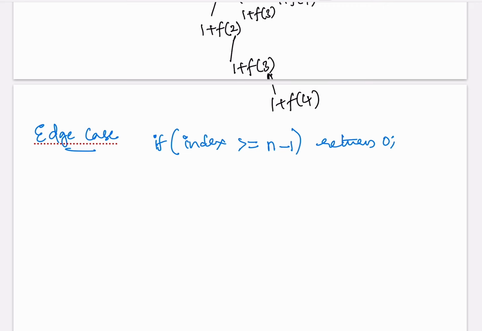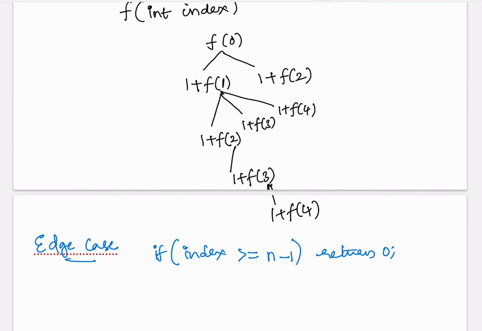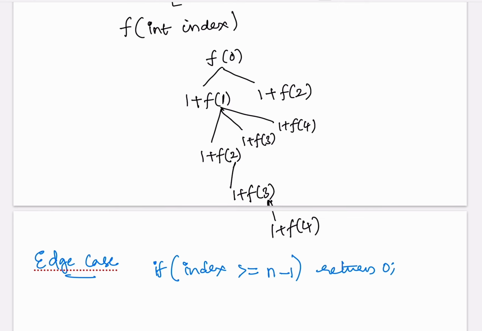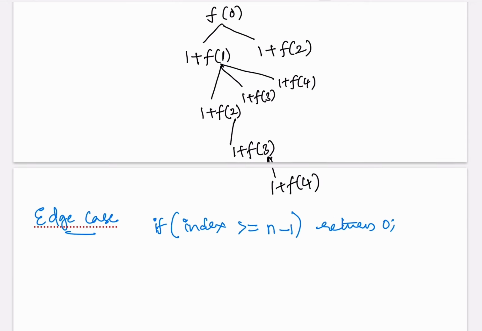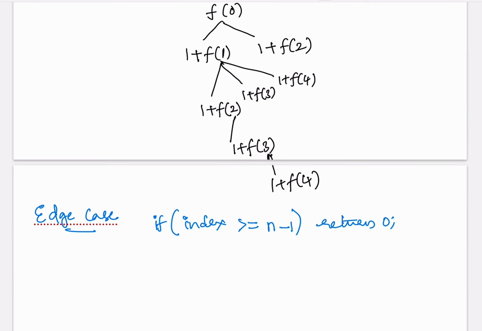So our main aim is, we got all possibilities from generating at index 0. That's fine. Right now we have to get the minimum from all these possibilities. That's the thing we have to do.